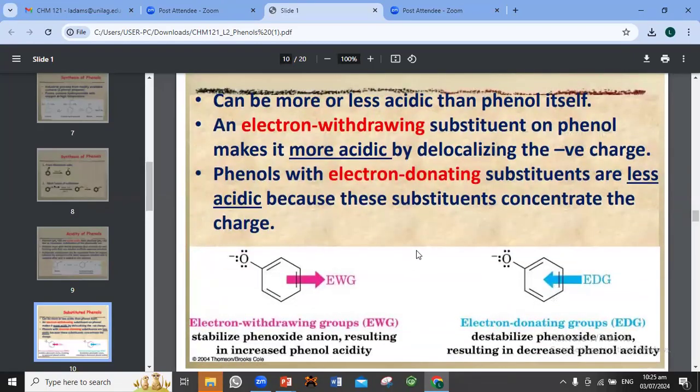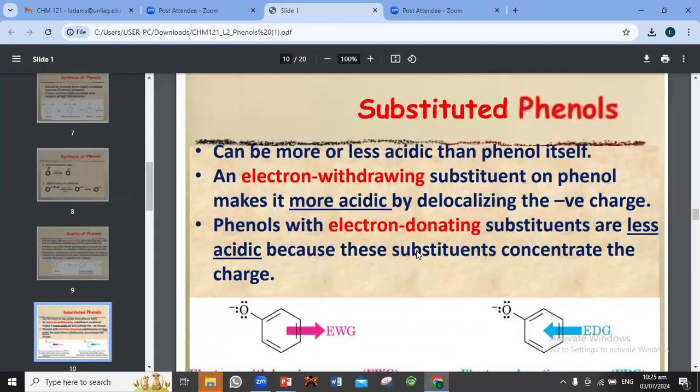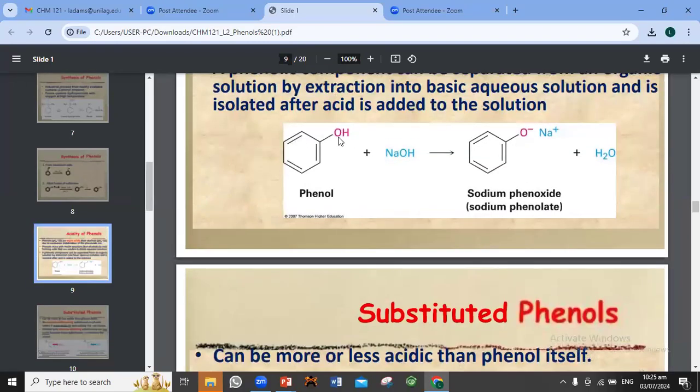Now, we already said that phenols are acidic, but again, the substitution on the ring can impact the acidity of phenol. Let me point out that when we say something is acidic, it means that it can donate a proton, H+. So if you look at this, the OH on benzene, this is phenol, it is acidic because it can ionize.